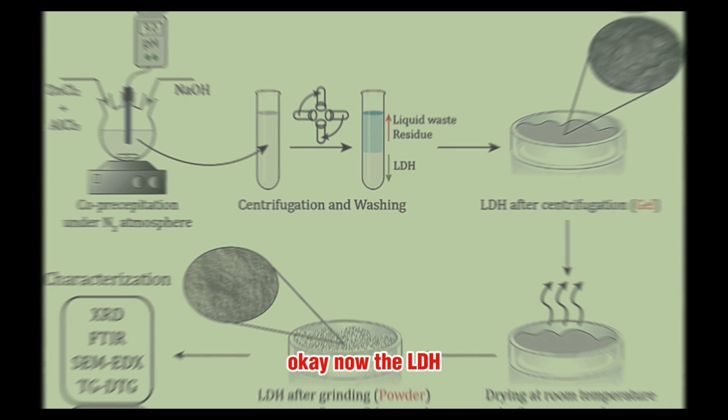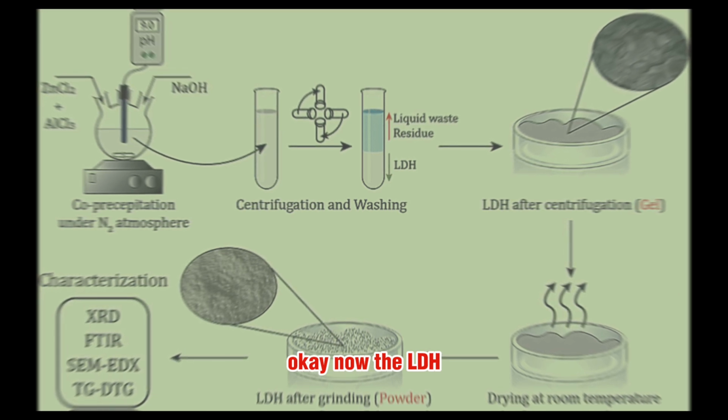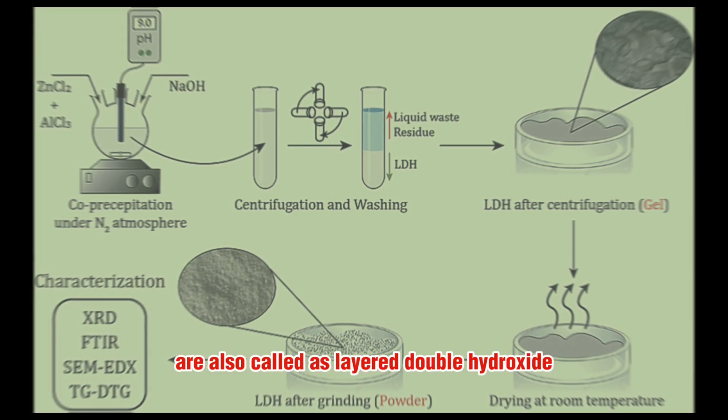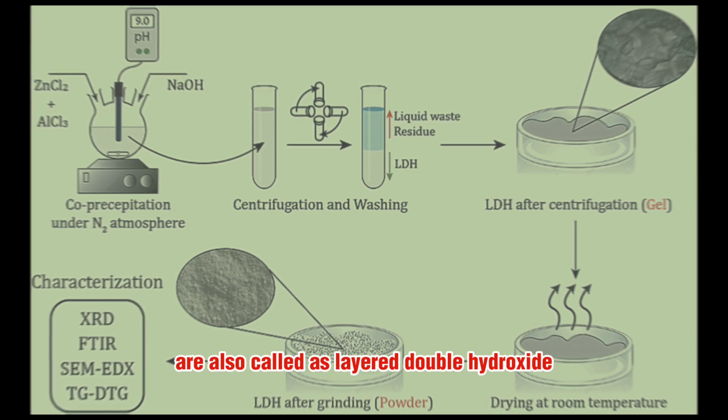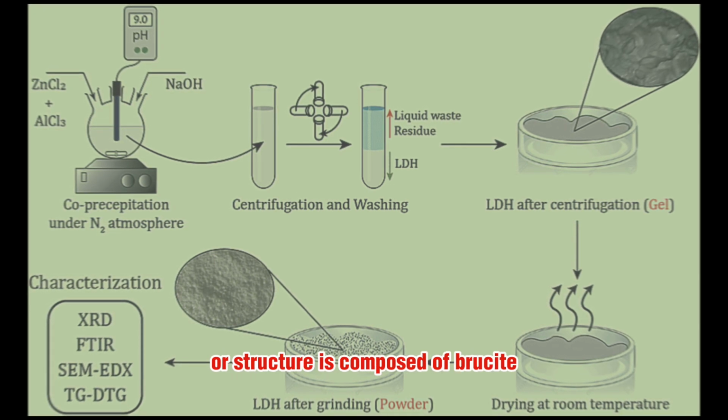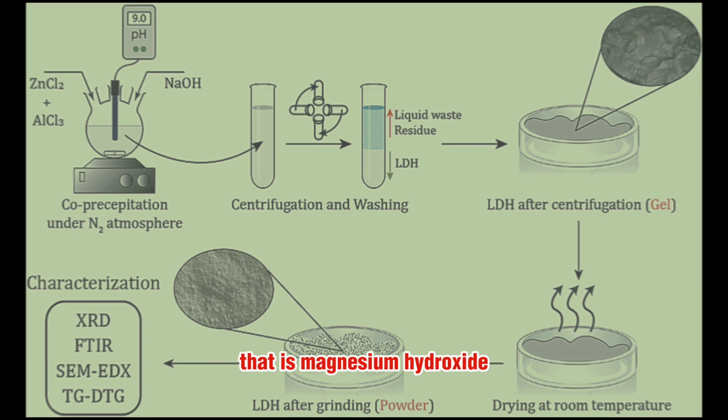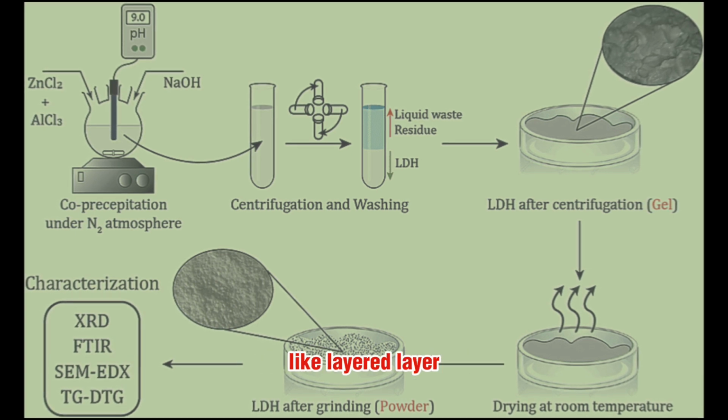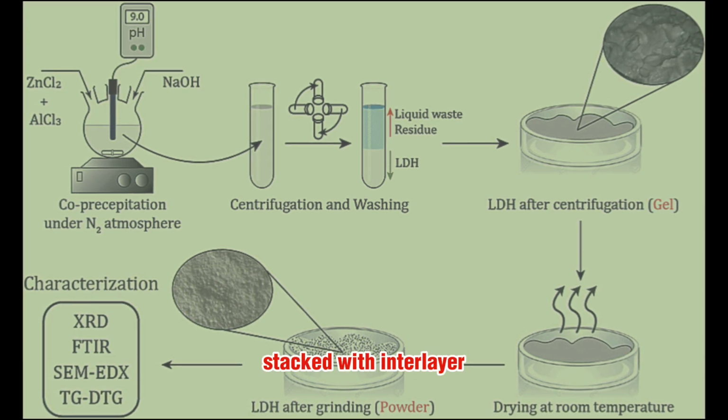Now, LDH are also called layered double hydroxide, or you can say layered material, whose structure is composed of brucite, that is magnesium hydroxide, like layers stacked with interlayer anion.